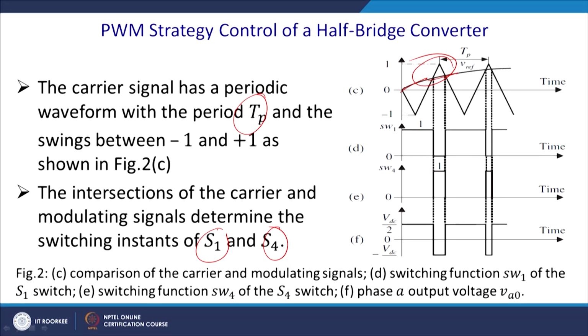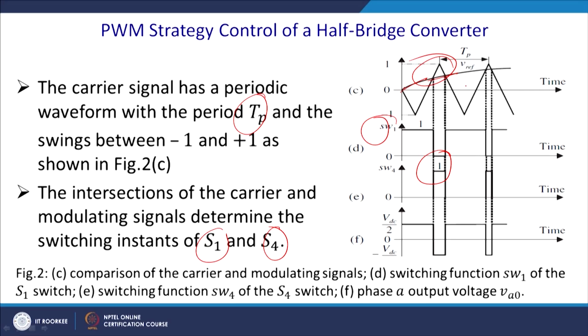So, see that it is S1, and it is on till the carrier waveform is less than the signal. Once this happens, the carrier waveform is more than the signal waveform, thus S1 will be switched off. And thus S4 will be turned on for a small duration of time.